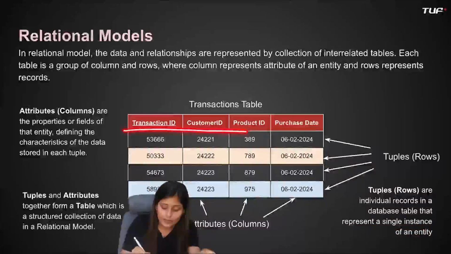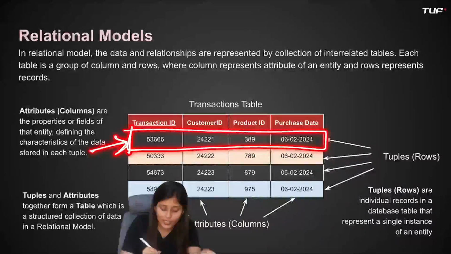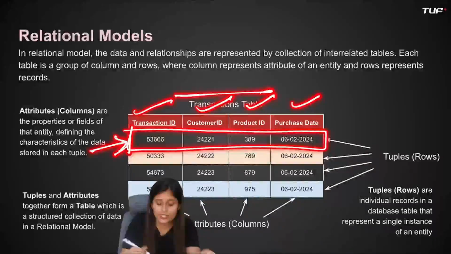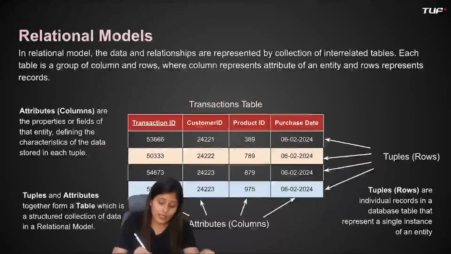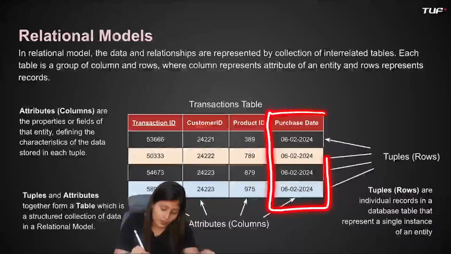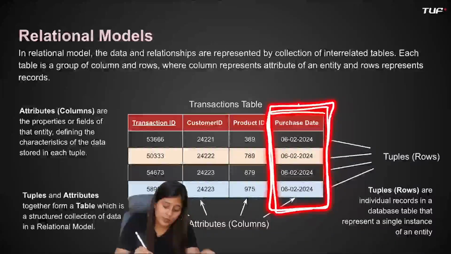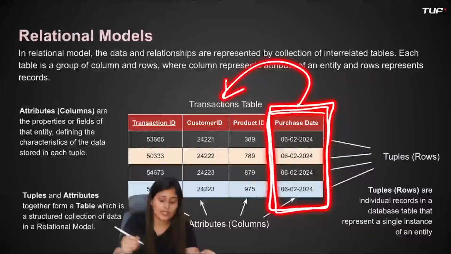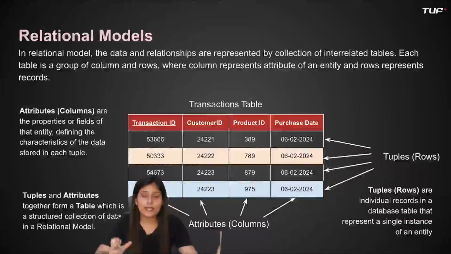So here one tuple means one row and it actually shows one entry in the transaction table with transaction ID, customer ID, purchase ID and purchase date. Similarly, a single attribute is nothing but the column or the parameter which represents one property for the transaction table, and together they create the relational model.